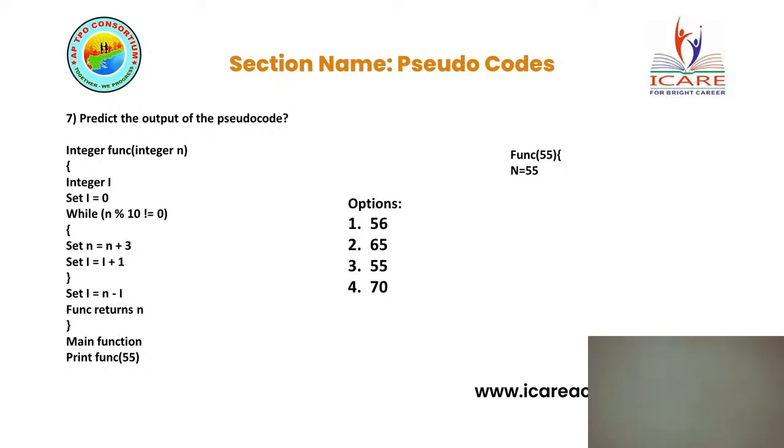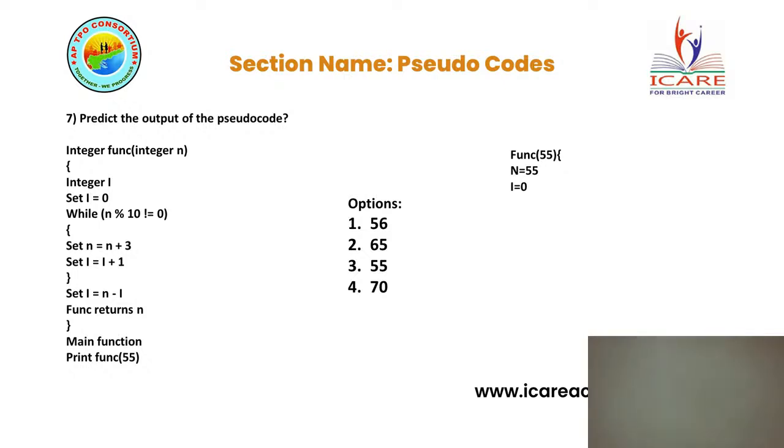Integer I, we are declaring a variable I and setting I equal to 0. While n modulo 10 not equal to 0: there is an arithmetic operation and a condition. Modulo 10 is an arithmetic operation and not equal to is a conditional operator. 55 modulo 10 is 5.